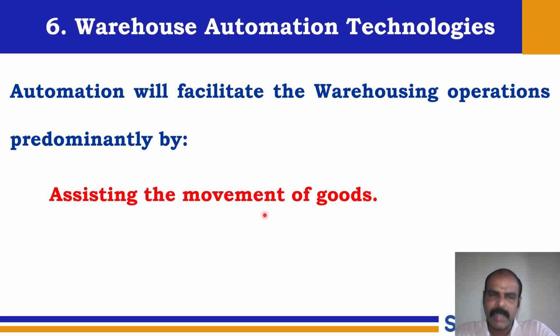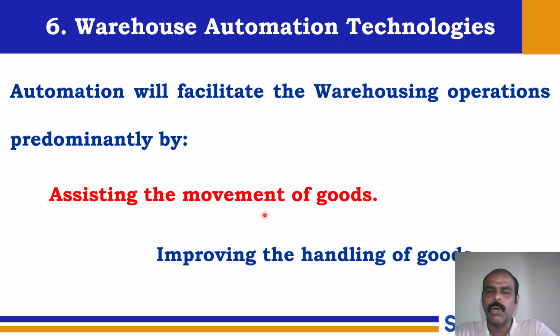It is very simple. It is going to assist the movement of goods. There are n number of products, and identification, picking, packing, shipping, everything is going to be done within the warehouse by some technology. So that is the first foremost area.